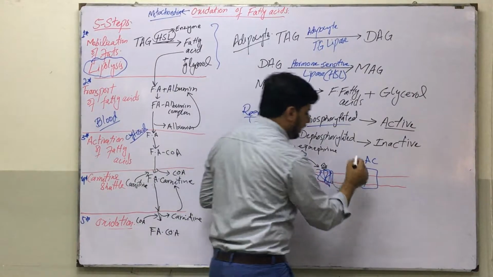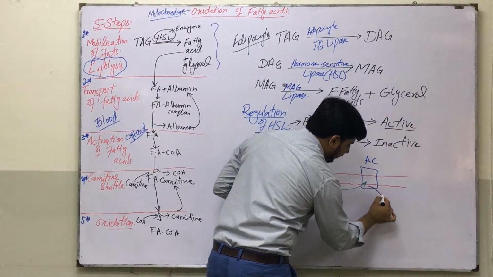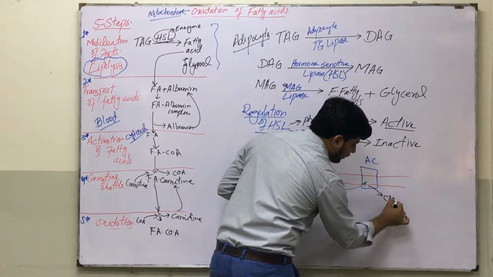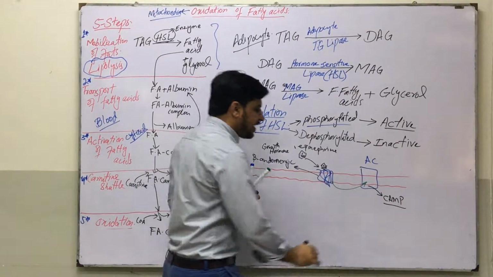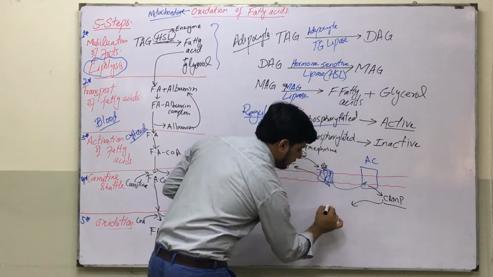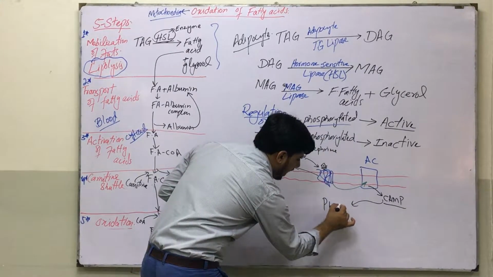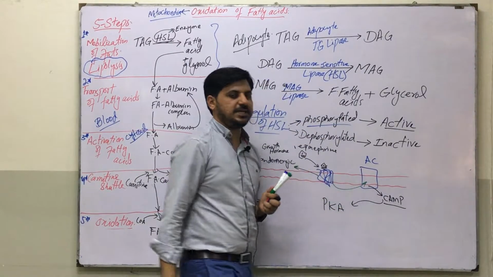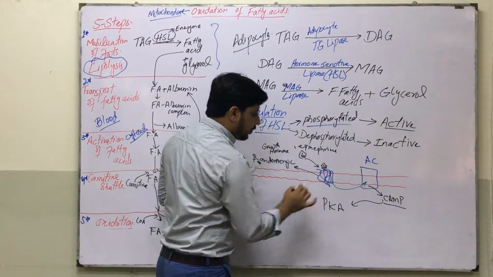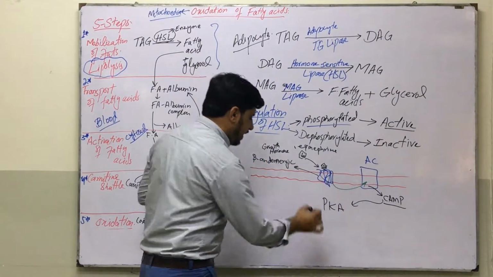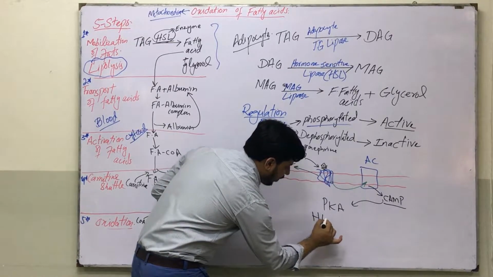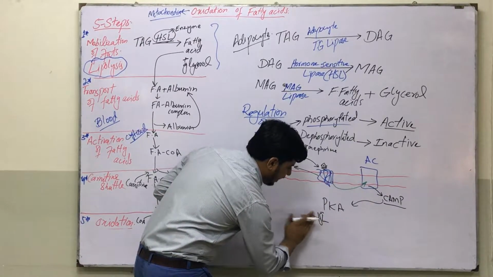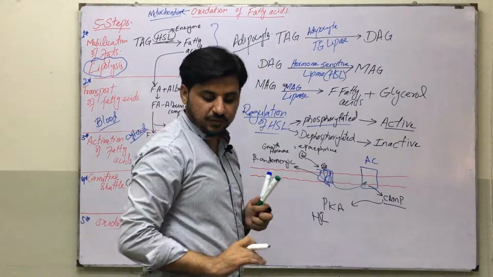After the activation of this adenylate cyclase, there will be the formation of cyclic AMP. This cyclic AMP will activate another enzyme which is usually called protein kinase A. When this protein kinase A becomes active, it will phosphorylate HSL.